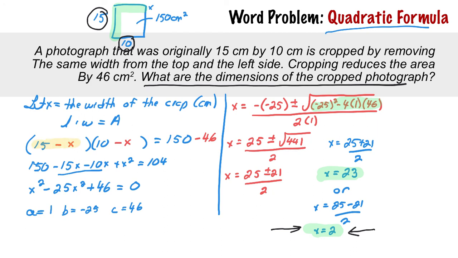So this is going to be your length, and this is going to be your width. So subbing in 2, you're going to get new dimensions of 13 by 8. So 13 by 8 centimeters.